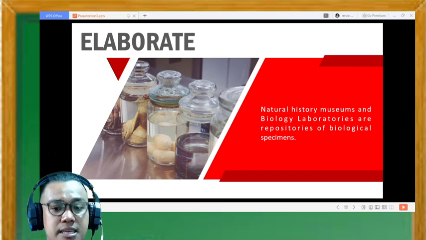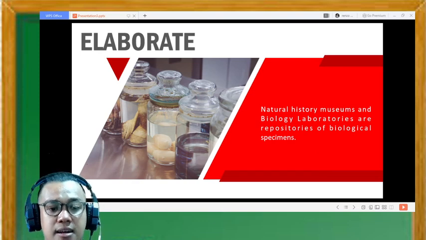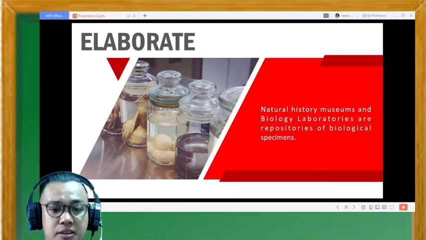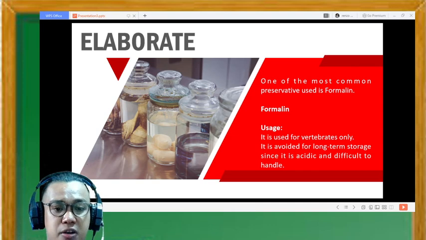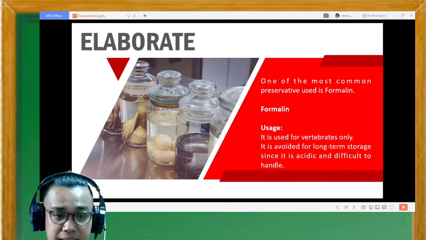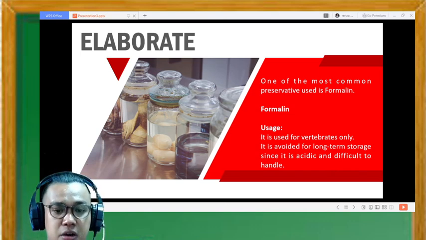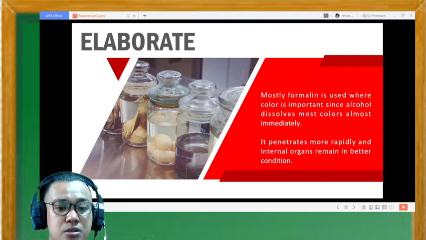Natural history museums and biological laboratories are repositories of biological specimens. One of the most common preservatives used is formalin. It is used for vertebrates only. It is avoided for long-term storage since it is acidic and difficult to handle.